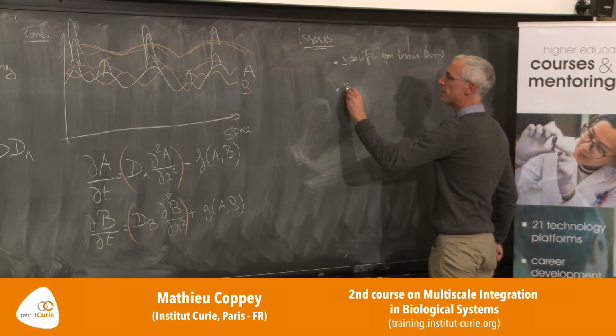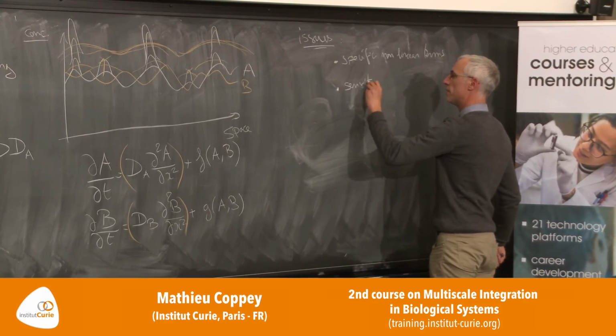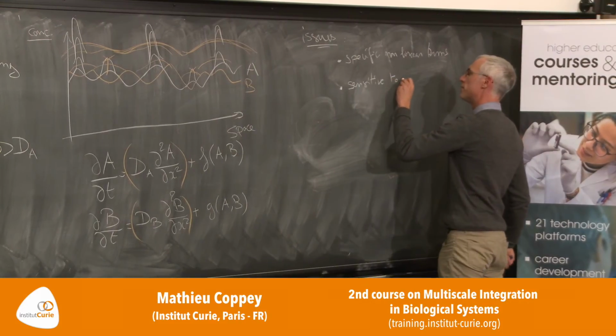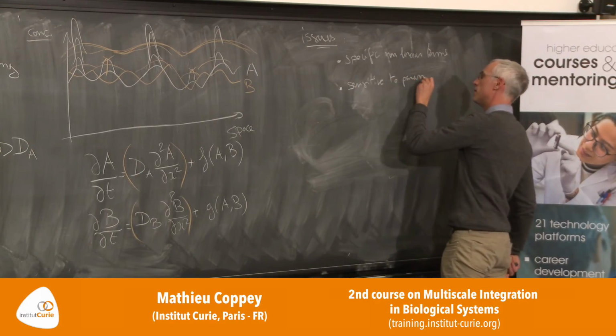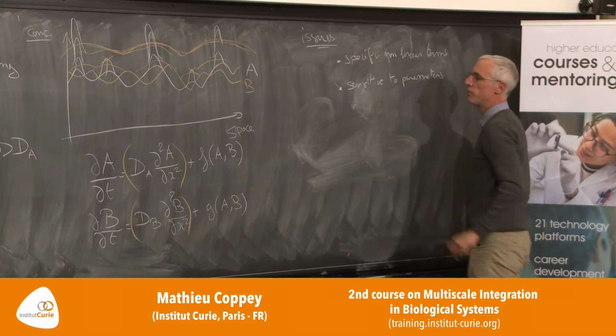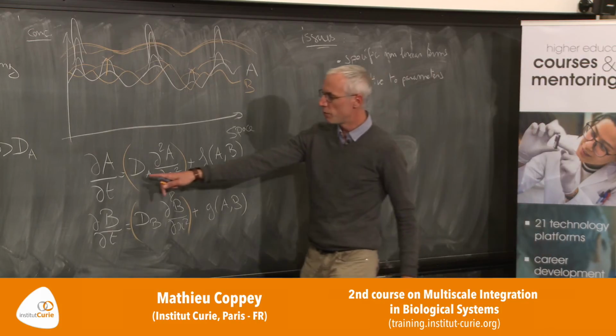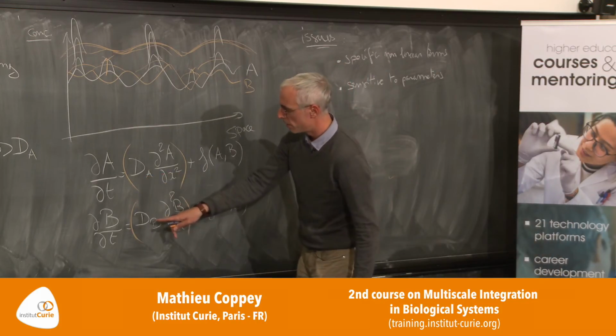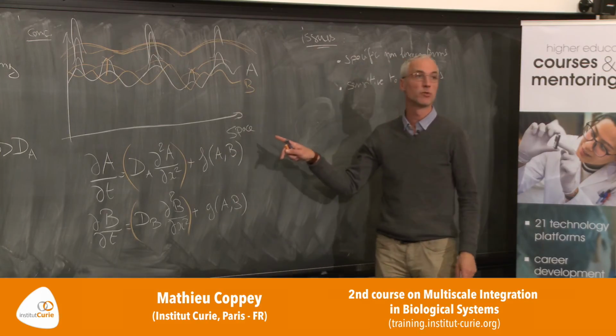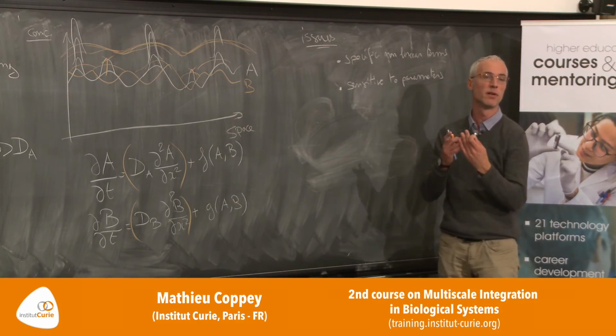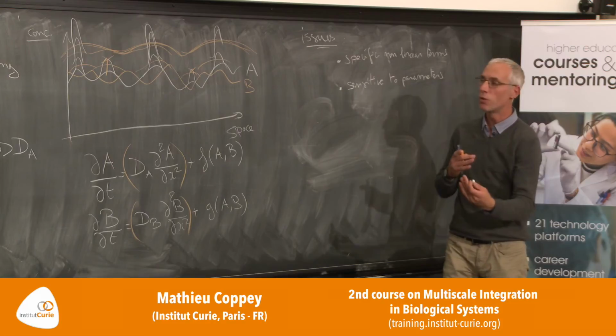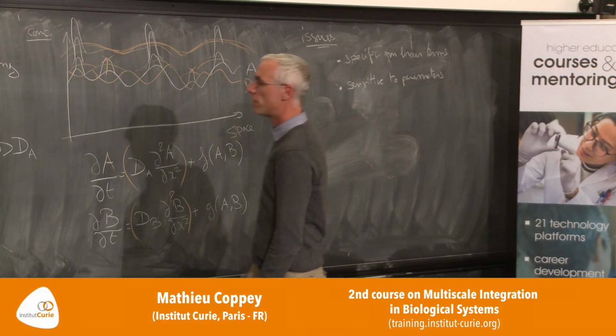Something else is that they are very sensitive to parameters. If you change slightly the value of the diffusion coefficient, dA or dB, or the reaction rate, you change completely the pattern, the length scale. So they're not robust at all to changes of parameters.